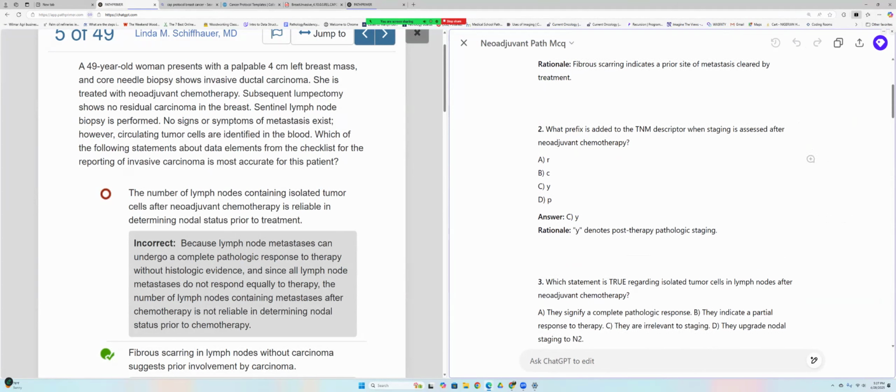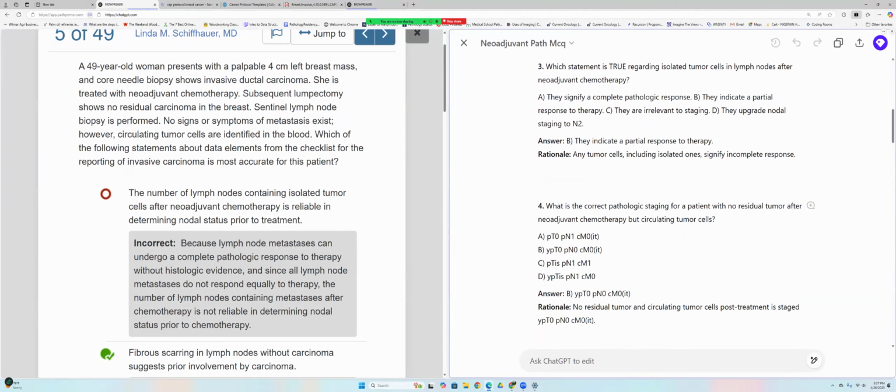Which statement is true regarding isolated tumor cells in lymph nodes after neoadjuvant chemotherapy? A, they signify complete pathological response. B, they indicate partial response to therapy. C, they are irrelevant to staging. D, they upgrade nodal staging to N2.